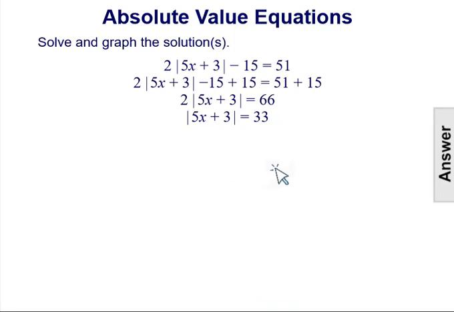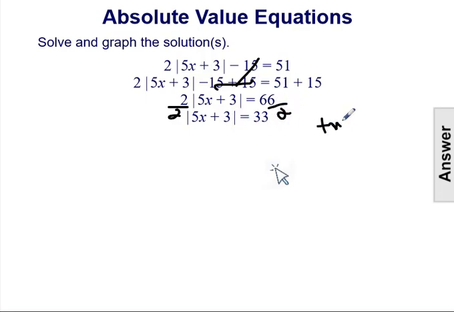Here's another example. So first, we have 2 times the absolute value of 5x plus 3 minus 15 equals 51. So we're isolating the absolute value first by adding 15 to both sides. That gives us 66. Then we divide by 2, which gives us 33.